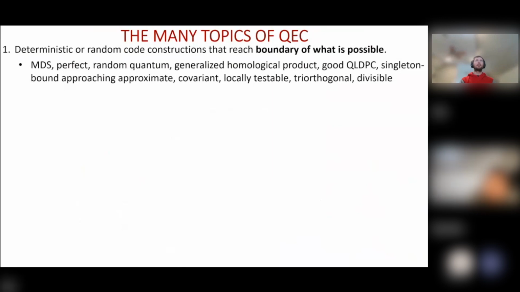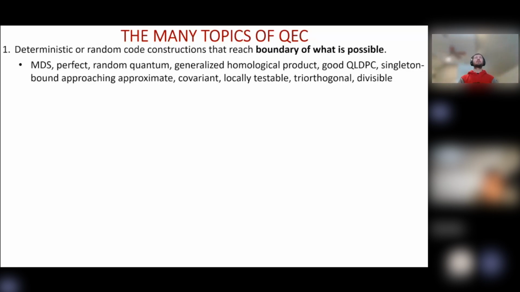It's been splitting recently into theory and applied QEC. So this first point is more of a theory topic where you're just cooking up what's possible. These asymptotically good QLDPC codes, they're not super practical, but it was important to figure out that it's possible because now we know we have something to shoot for.